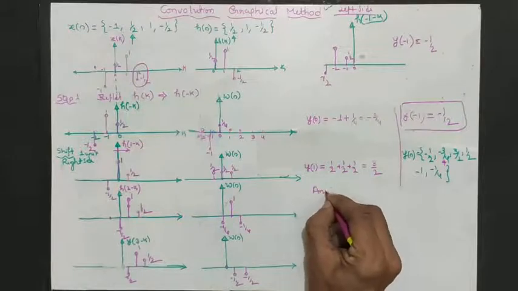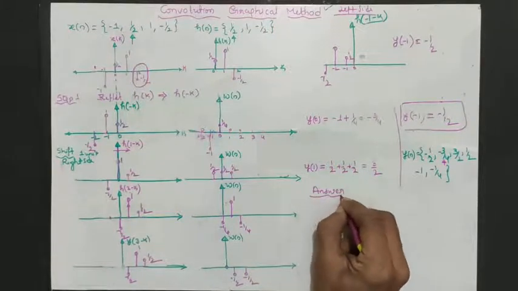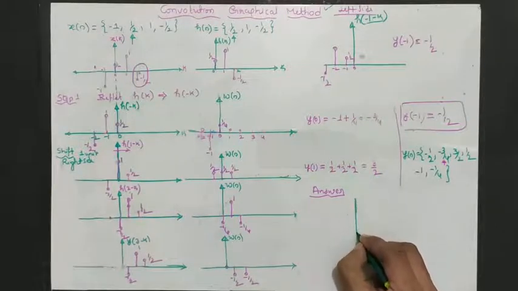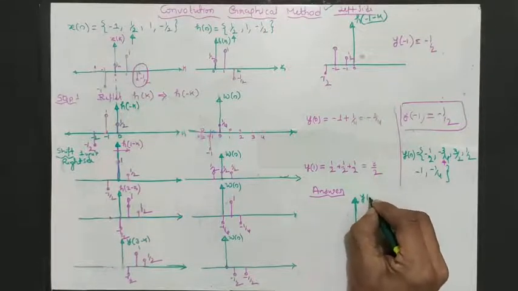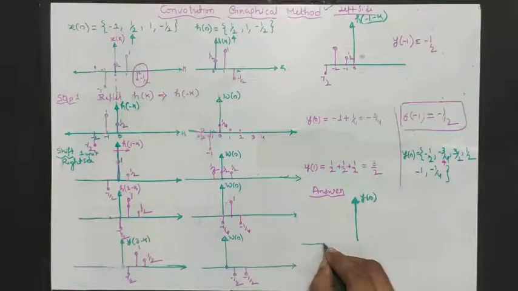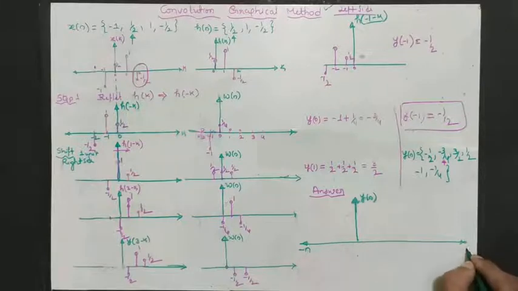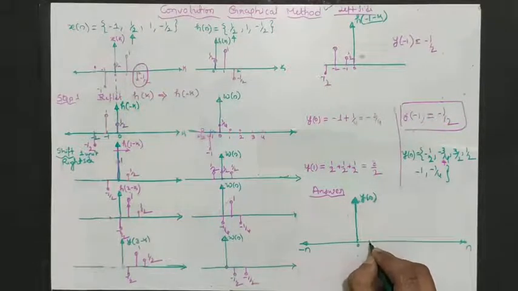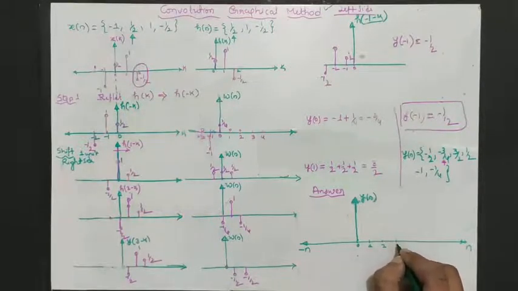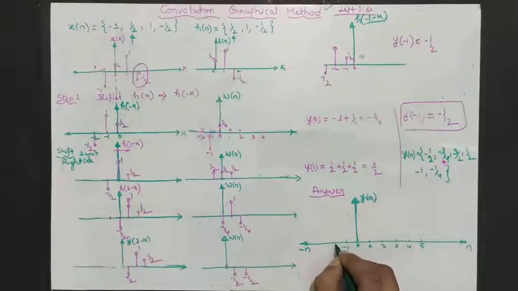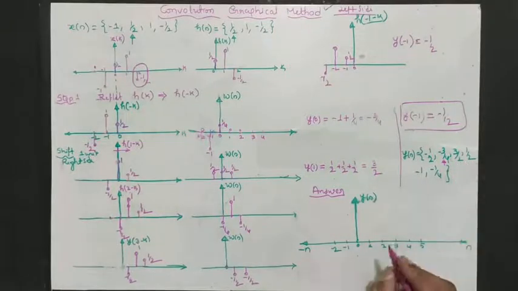Answer. I will be just drawing y of n. Minus n, 0, 1, 2, 3, 4, 5. Minus 1, minus 2. Already I know the answer. At the 0th instant it is minus 3 by 4.